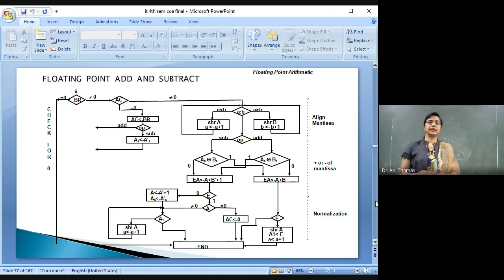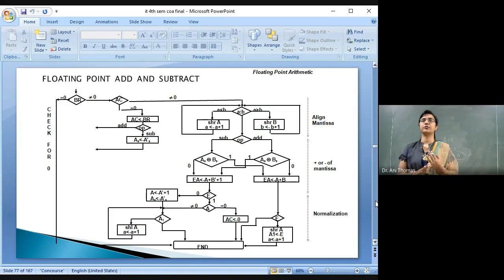For this algorithm, we follow 4 steps sequentially and the results will be stored in the accumulator register. The result is stored in the accumulator register, the sign is stored in the AS register, and the operands are stored in the AC and BR registers.